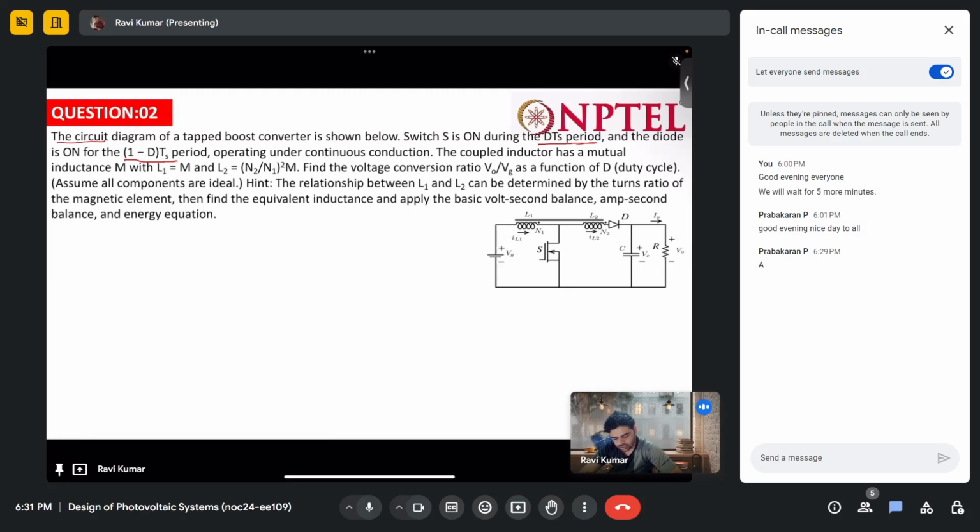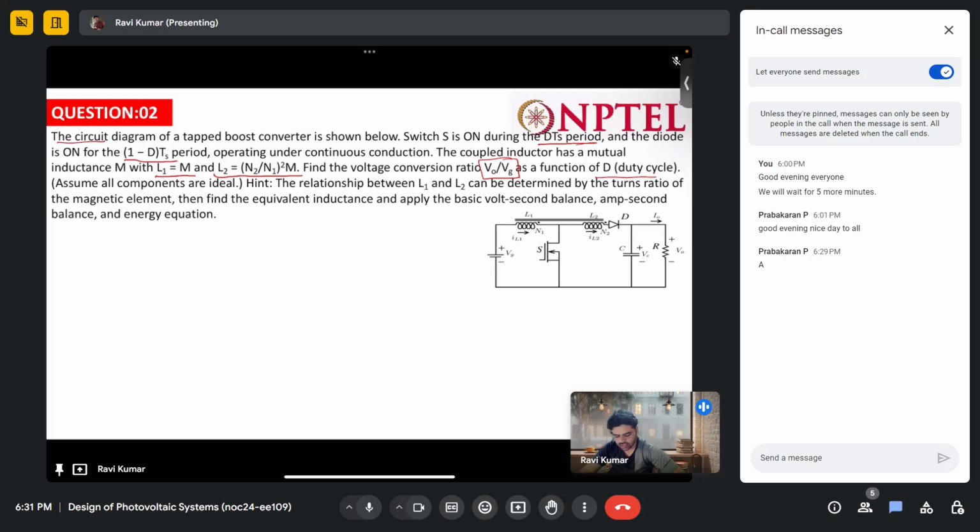Operating under continuous condition, the coupled inductor has a mutual inductance. The mutual inductance for the coupled inductor is given. That is this one, L1 and L2. Find the voltage conversion ratio, that is V naught by Vg, as a function of D, that is the duty cycle. Assume all the components are ideal.